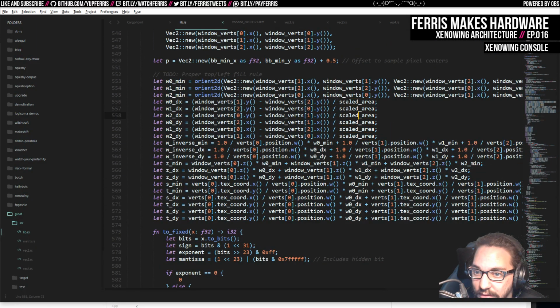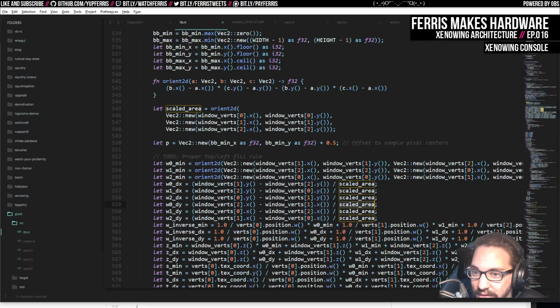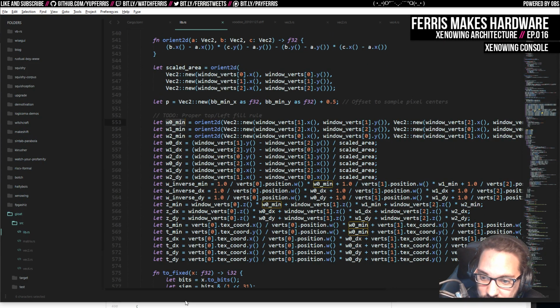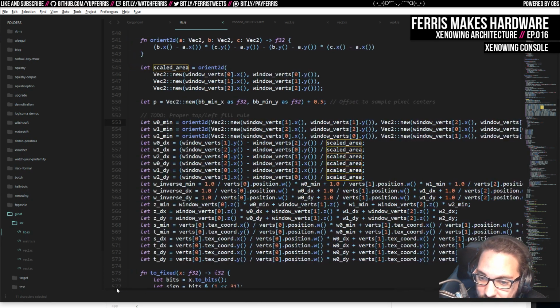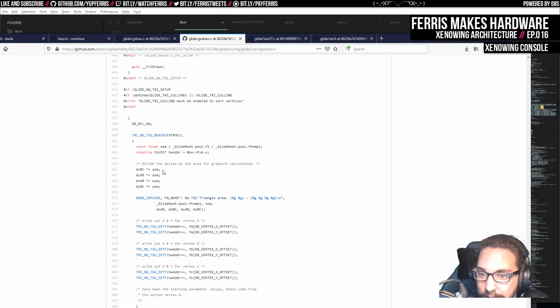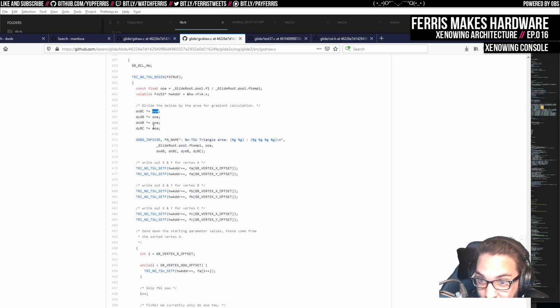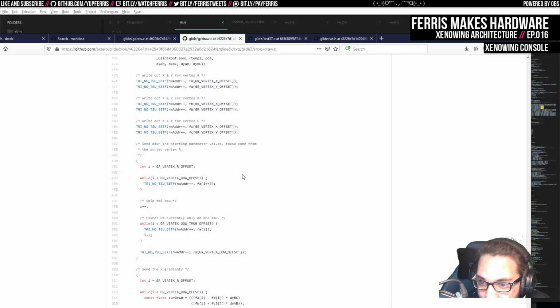These scaled areas are divided by the scaled area at the end here. Of course, they did it as reciprocal multiplication instead, because you end up doing this a lot. That makes some sense. But I think it's just doing the floating point ones, isn't it? So maybe we don't end up seeing what we want to see here.